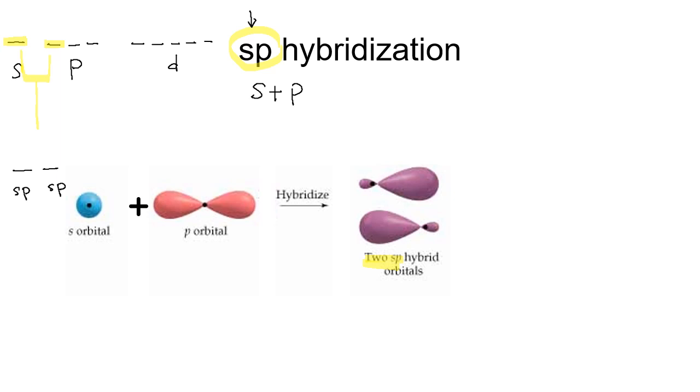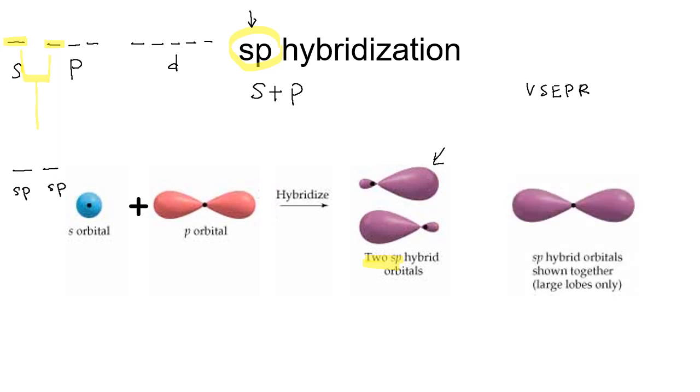Shape-nya begitu and bila dia punya arrangement by considering VSEPR, by considering the valence shell electron pair repulsion, since dalam orbital ini ada electron, so they will arrange themselves as far as possible to minimize repulsion between electrons.